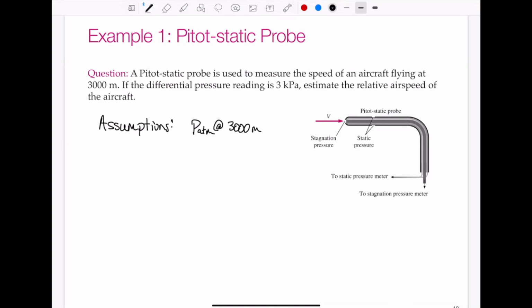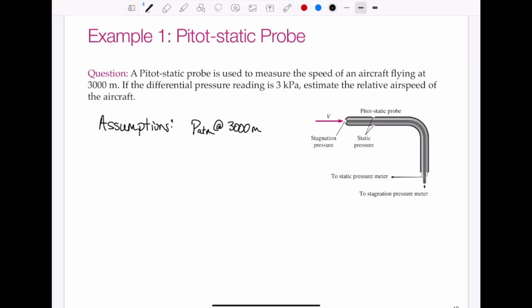Yeah, it's air. So what is one assumption that we probably should make if the fluid that we're dealing with is air and we're using Bernoulli's equation? Yeah, we need to assume that it's incompressible.